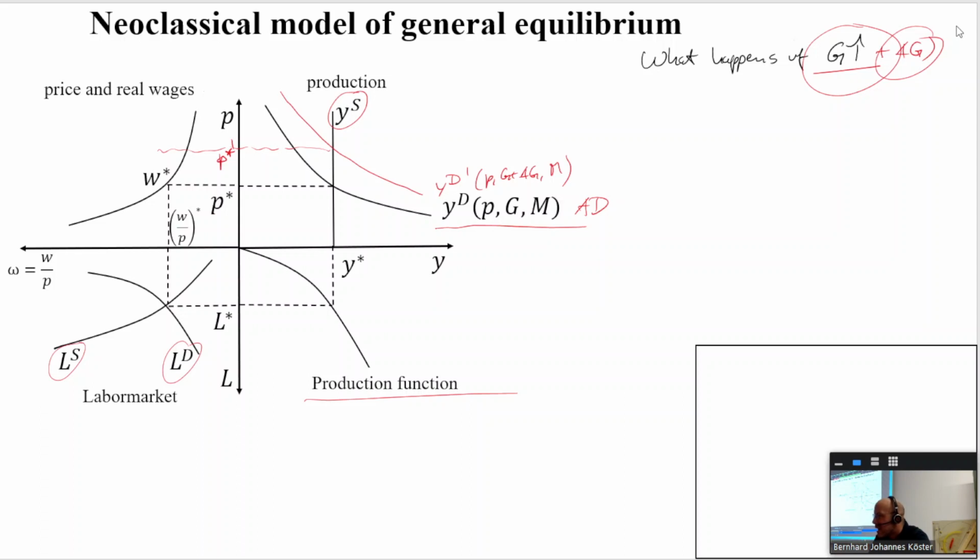So also nothing happens at the labor market. So the only thing then is that we obtain a new price level, and this then only means this hyperbola representing the equilibrium real wage is also going upwards.